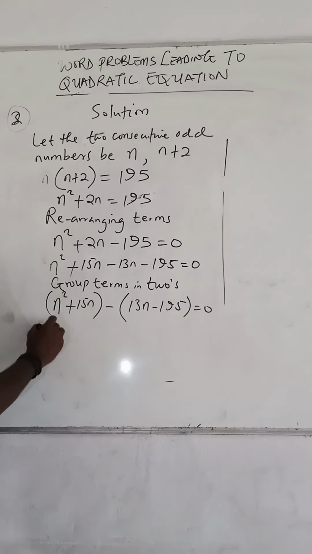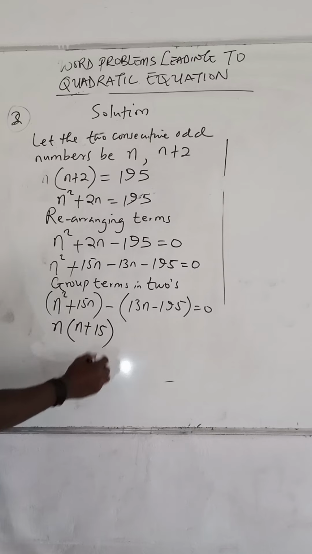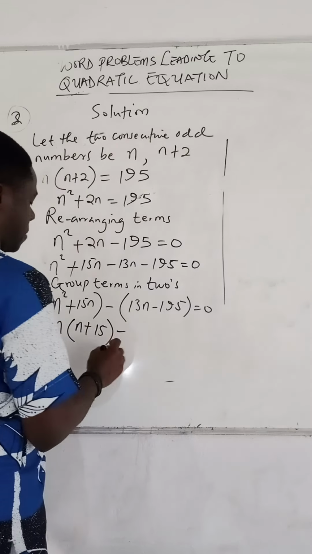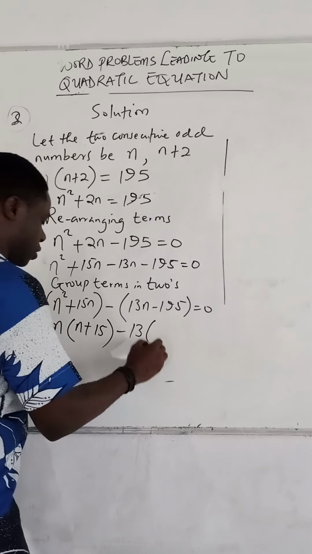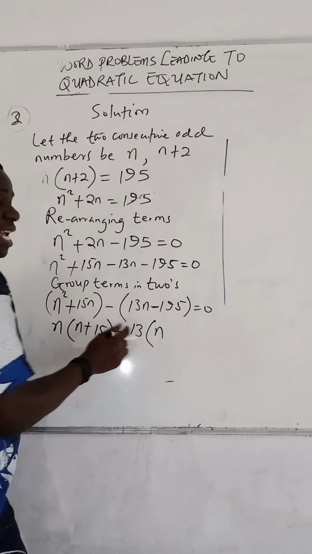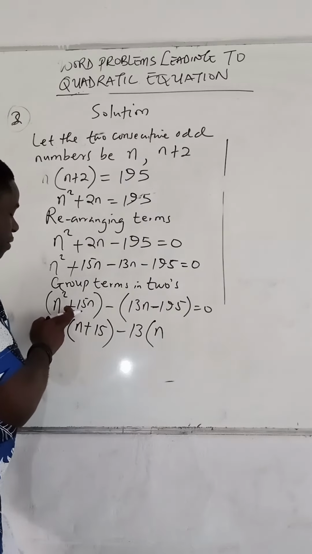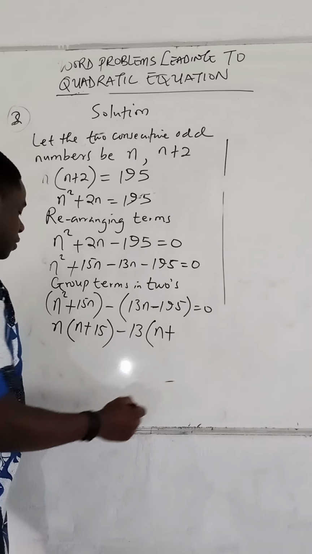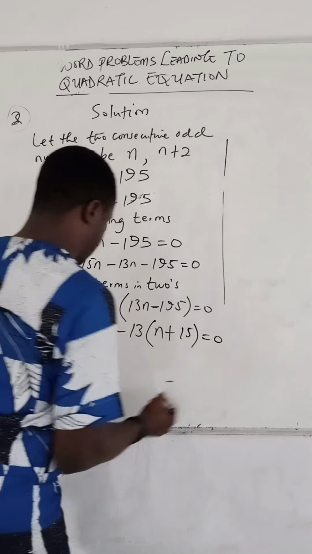So to factorize here, we'll have n into n plus 15. And here the factor will be 13 into n. You see minus here, but as I said earlier, the sign of the second bracket must conform with the sign of the first bracket. So this is plus. I will be left with 15 here plus 0.